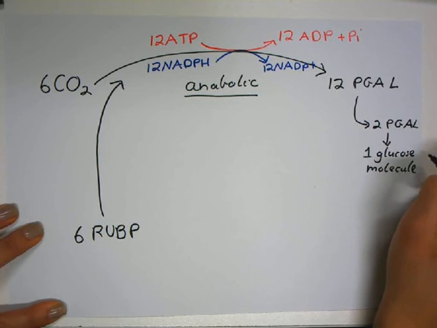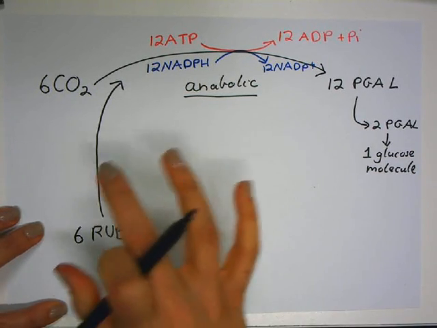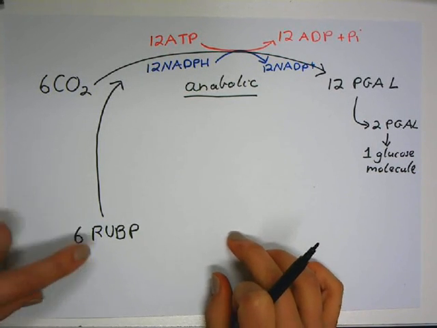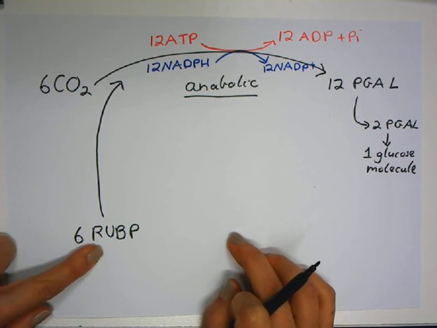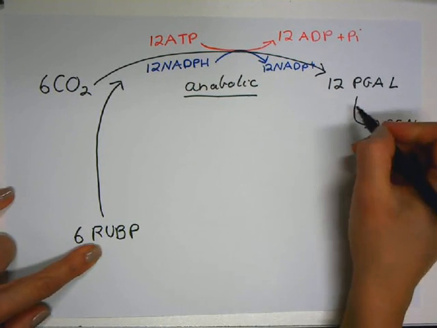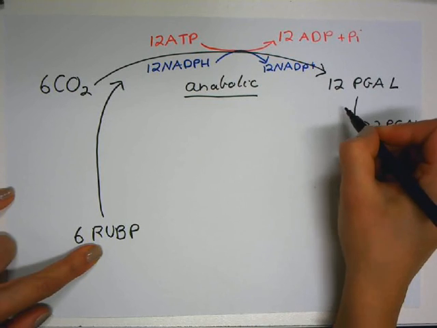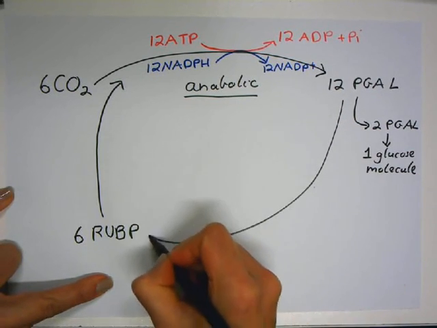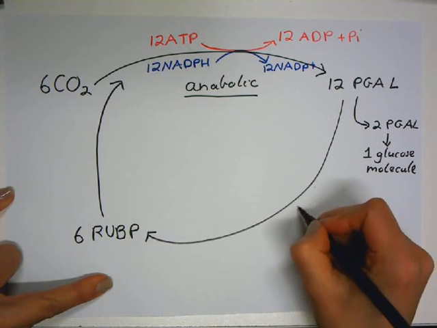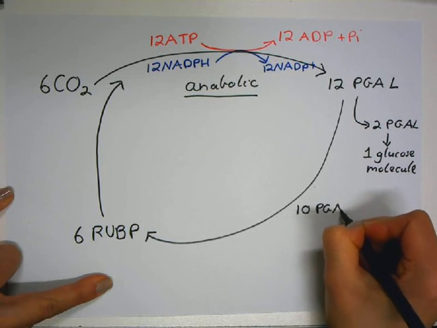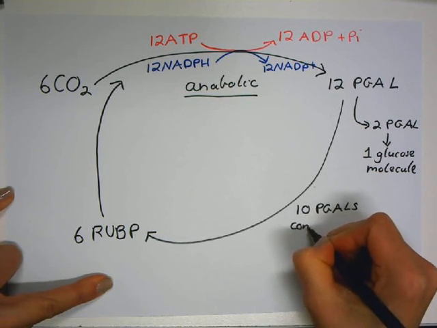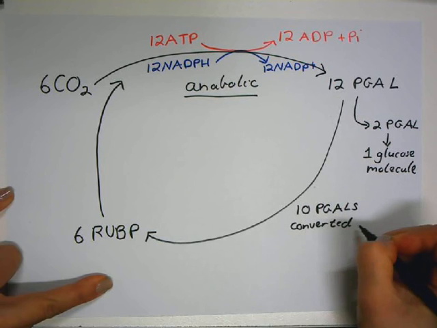But this whole process is like a recycling process. We need to remake these 6 RuBPs. So 12 minus 2 is 10. The 10 remaining PGALs will get converted back to RuBP.